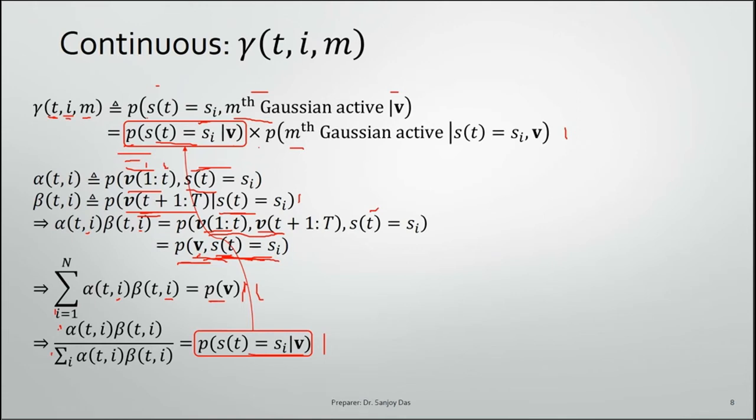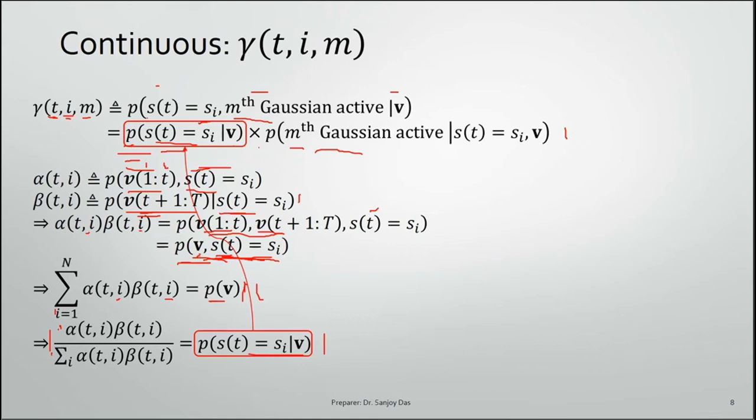So we already derived an expression for this factor in gamma_t(i, m) in terms of alpha_t(i) and beta_t(i). And now we have to find this factor, which is the probability of the mth Gaussian being active when the current time step is t and the state is s_i.